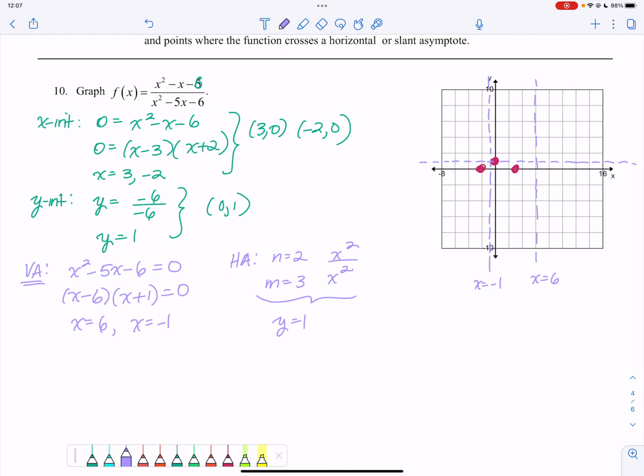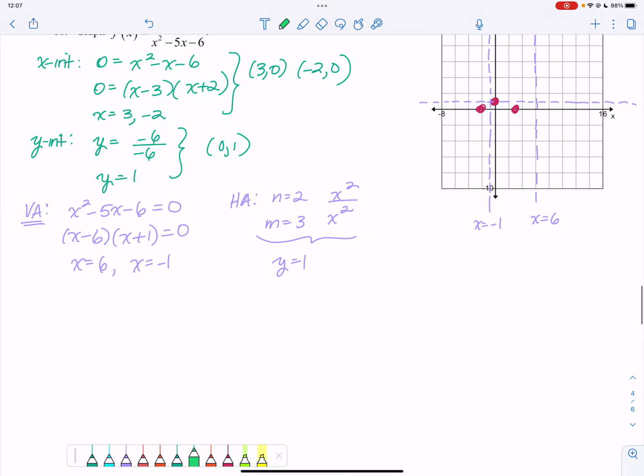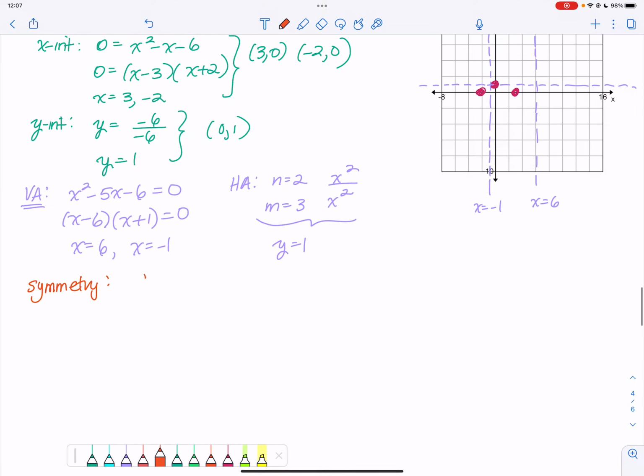Okay, so now let's check for symmetry. So let's plug f of negative x into the function and we'll get x squared plus x minus 6 all over x squared plus 5x minus 6.